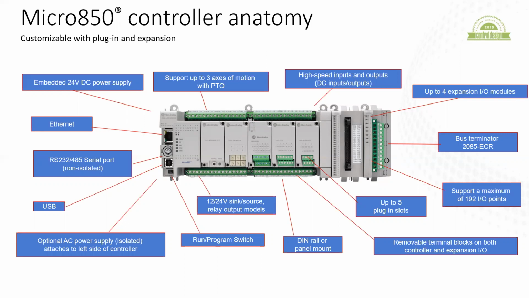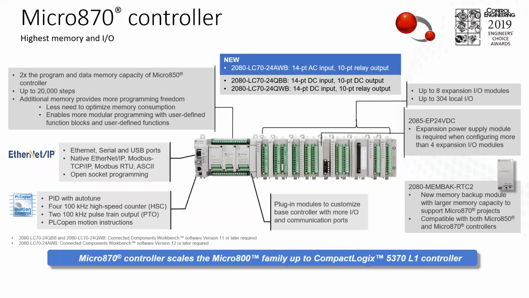Then a couple of years ago, Rockwell introduced the 870, I think maybe back in 2019, to be a little bit more capable than the 850 for a little bit larger systems. So if you used the 850 in the past and maybe needed more data memory in the controller, the 870 has double the memory available than the 850 has.